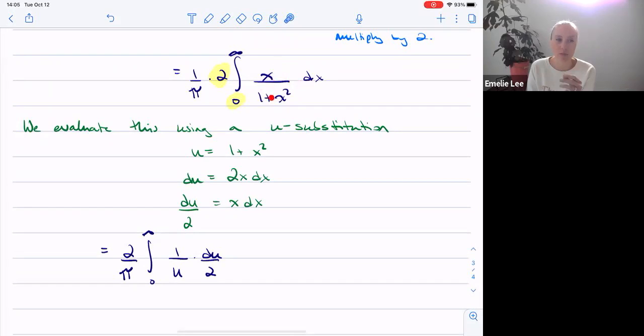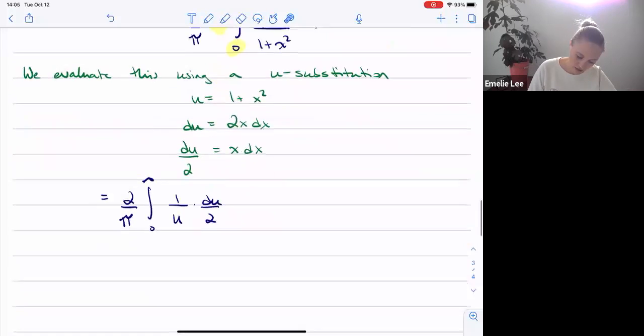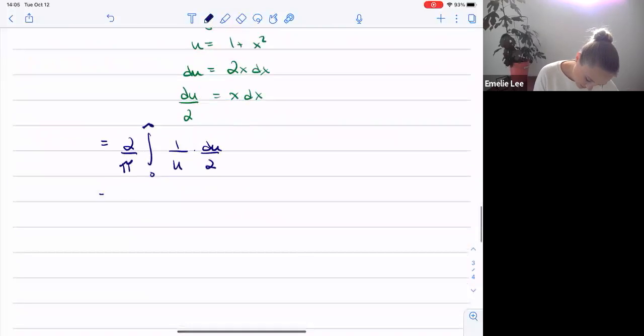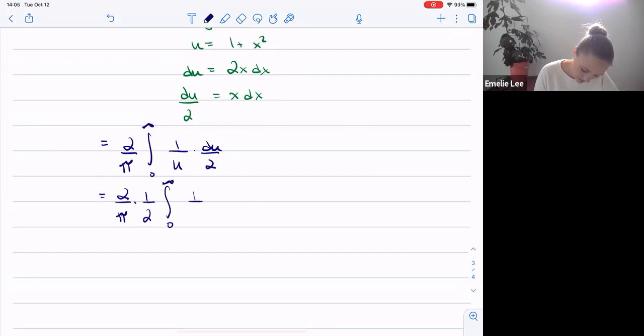So I have 1 over 1 plus x squared, but I'm replacing 1 plus x squared with u, and I'm replacing x dx with du over 2. That 1/2, I can shift to the outside of the integral because it's just a constant. So I have 2 over pi times 1 over 2 integral 0 to infinity of 1 over u du.